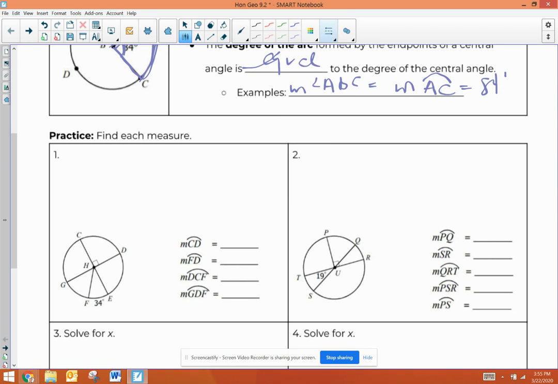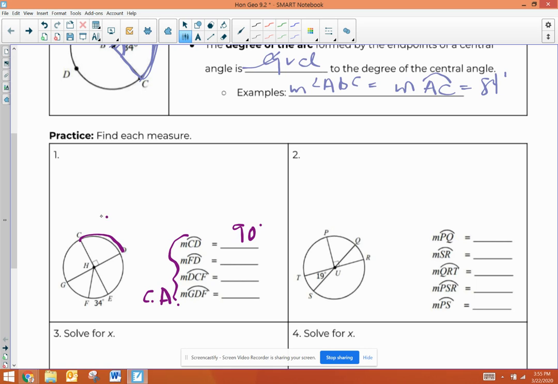Here we go. So if I need to measure, these are all arcs. So I have to know what the central angle is first. So the measure of arc CD, that is a right angle, so I know that that is 90 degrees. FD, if that's 90 degrees, this is a diameter.